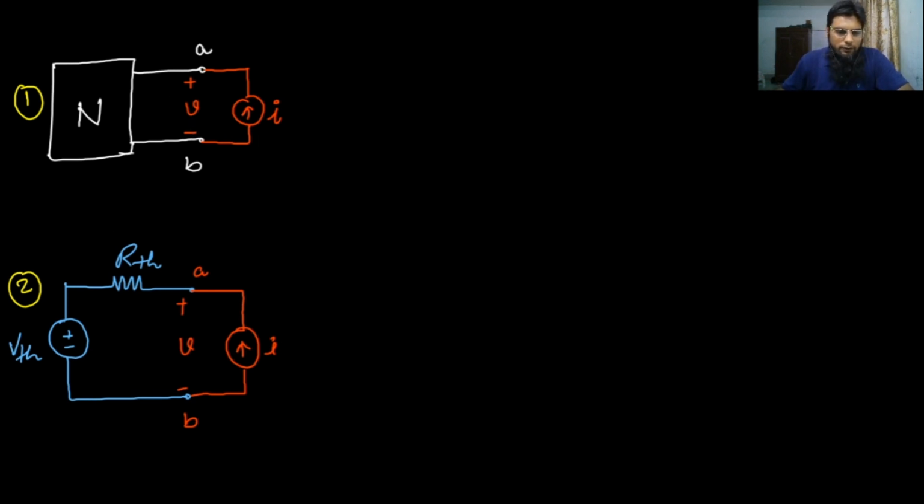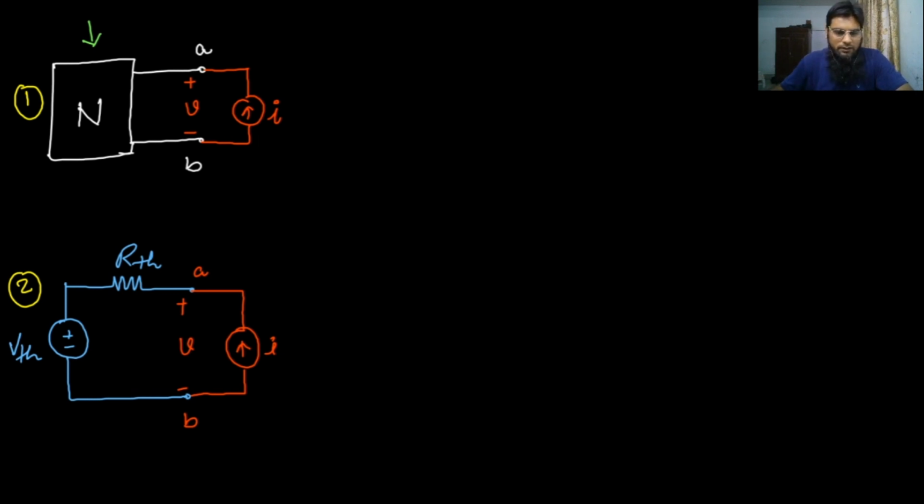In order to find the relation between voltage and current in the first circuit, we will use the concept of superposition. In this network N, we have multiple independent sources.